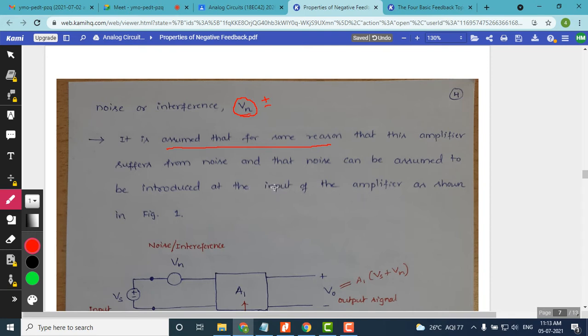There are certain assumptions we need to meet in order to show the possible solution to reduce noise in an amplifier. So we assume the noise is at the input of the amplifier. It is not introduced within the amplifier; it is at the input of the amplifier that the noise has been introduced.